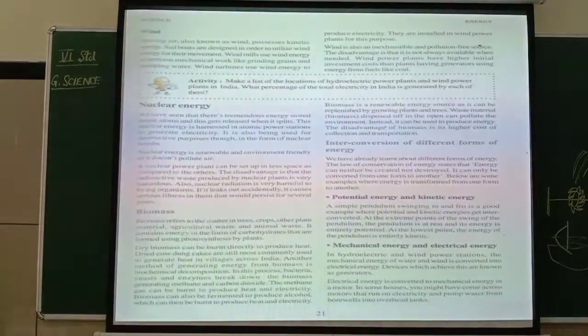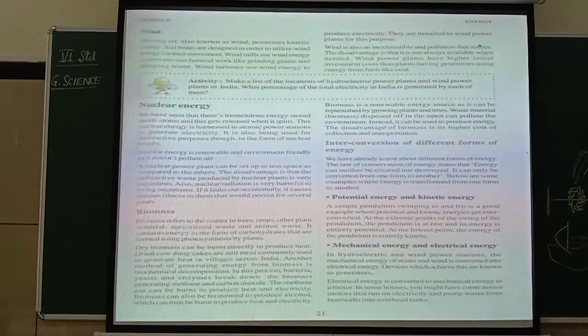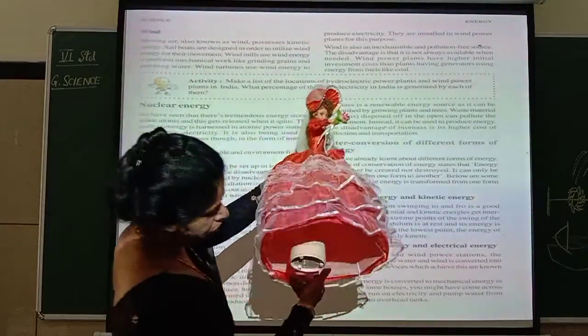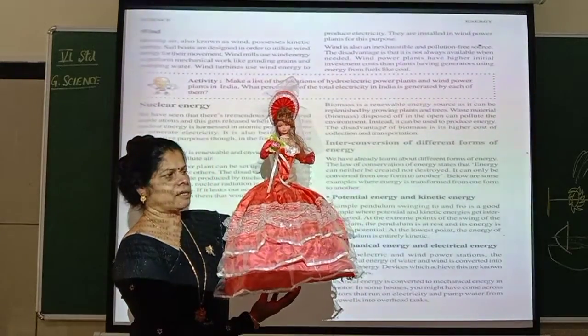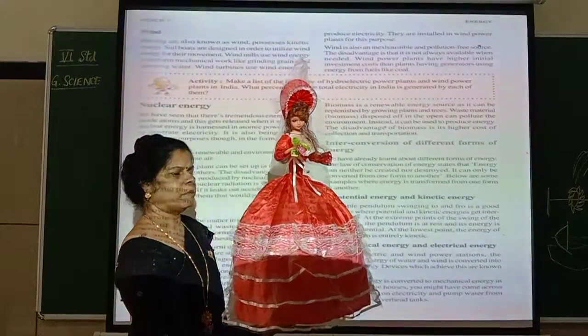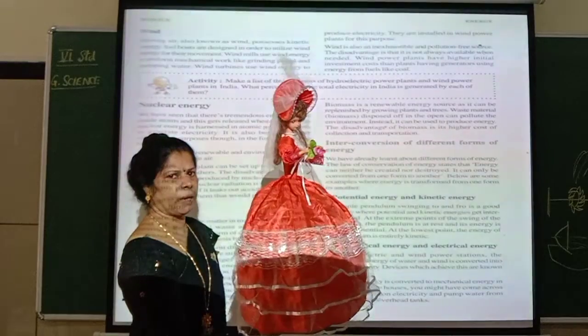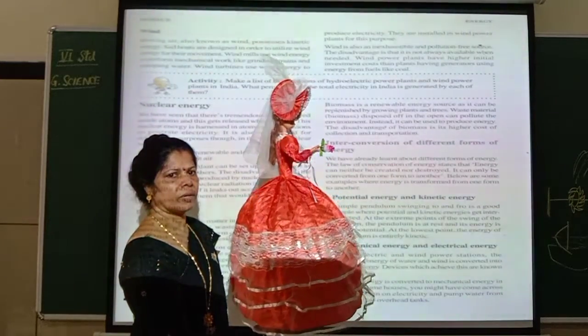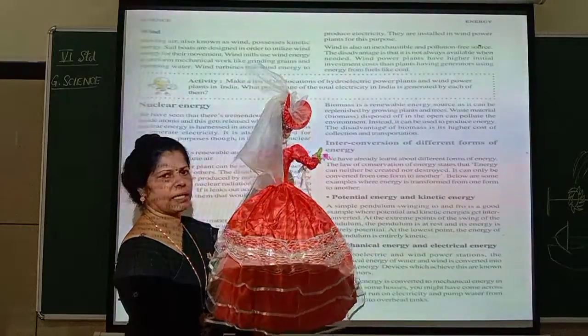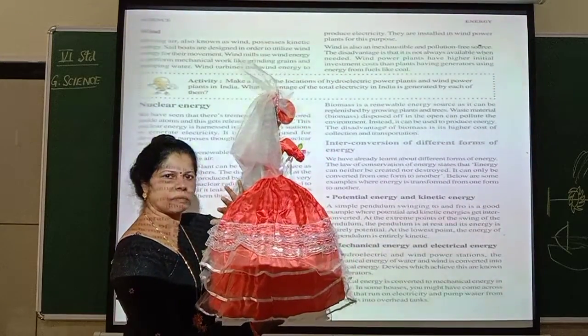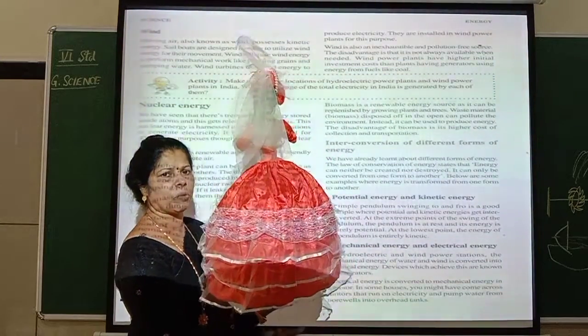Now for example, you can see here. See, there is a motor fixed down there. Okay. See, now what I am going to do? It's a mechanical energy. See, now I am just making it. What happens? It is moving. It's moving, isn't it? So electrical energy is converted into mechanical energy with the help of the motor. This is not electrical energy. I am telling you about the motor here.